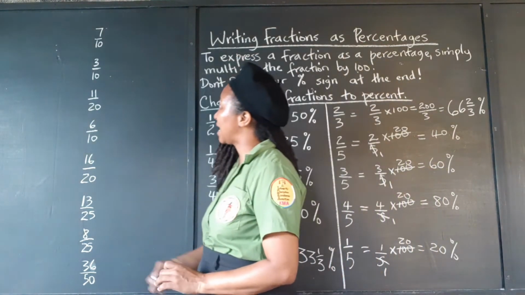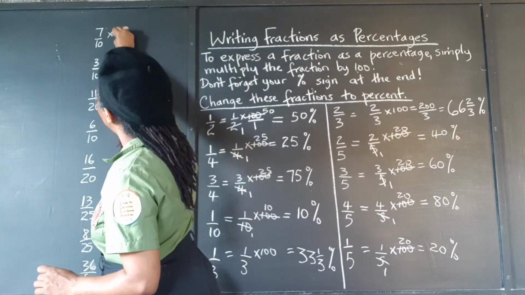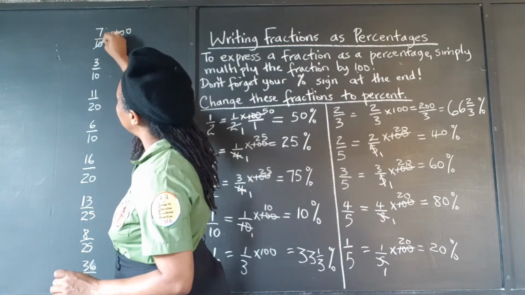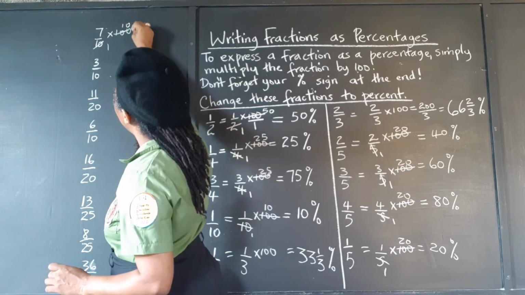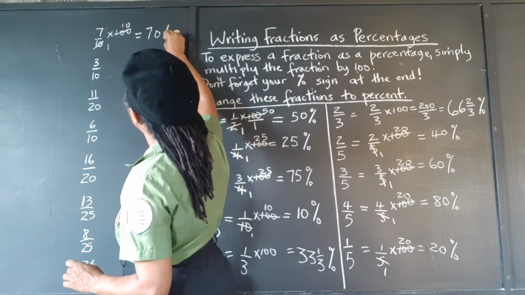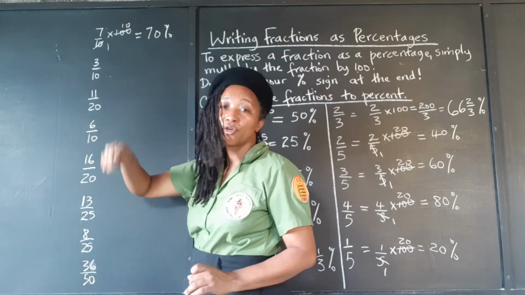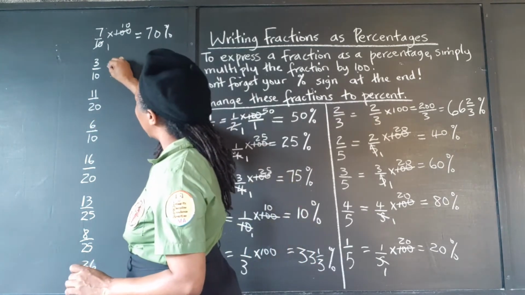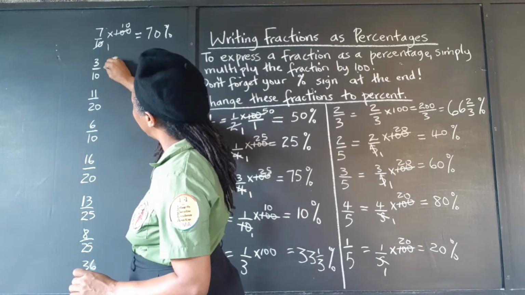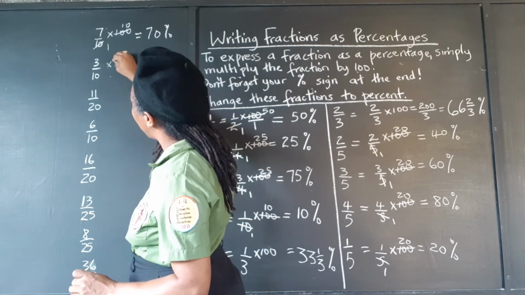Alright, so 7/10 multiplying by 100, we know that there are 10 tens in 100, and 7 times 10 is 70. 3/10, again, multiplying by 100 and reducing.